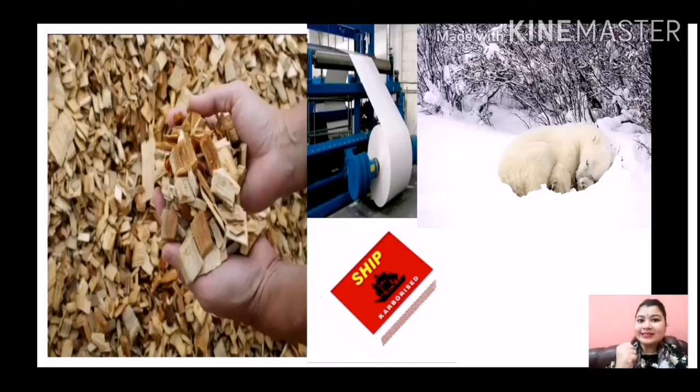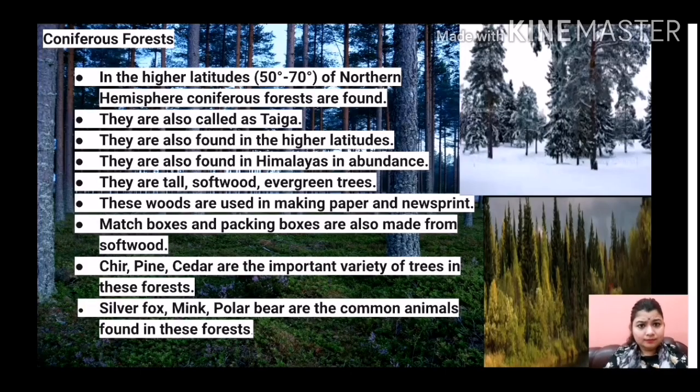Coniferous forest trees are used to make things like paper and matchboxes. First pulp is made, and after that paper, newsprint, matchboxes and packing boxes. You can also see a picture of coniferous trees.